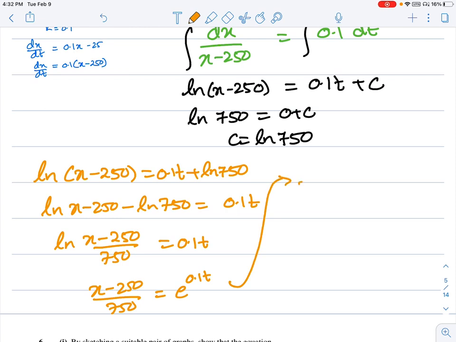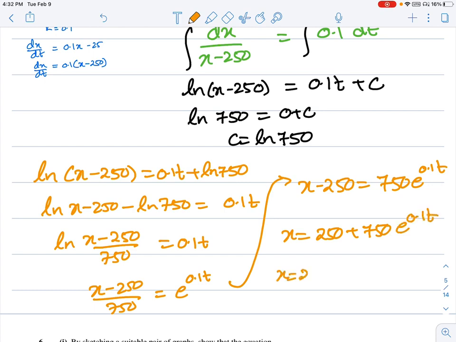From there, x minus 250 is equal to 750 e to the power of 0.1t. x is equal to 250 plus 750 e to the power of 0.1t. So x is equal to 250 common, (1 plus 3e to the power of 0.1t). That's going to be the answer.